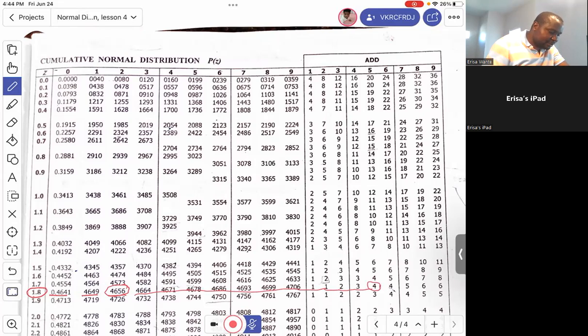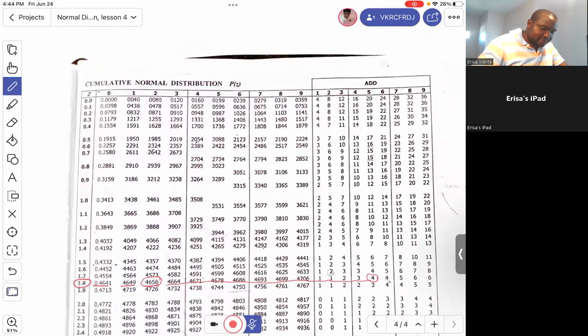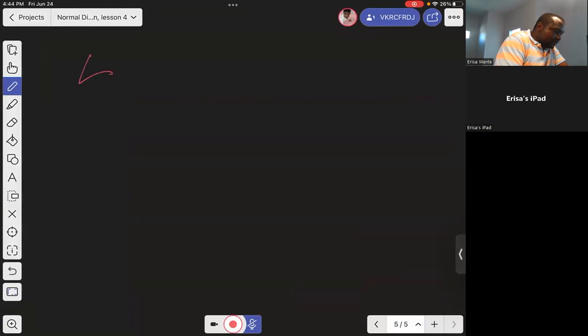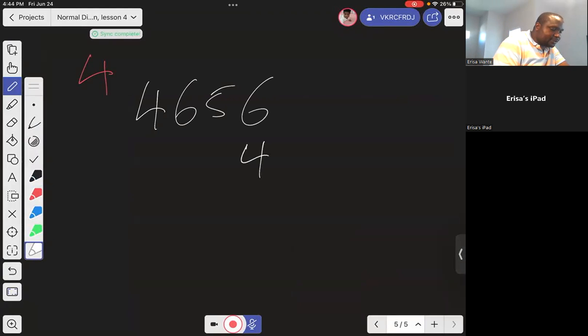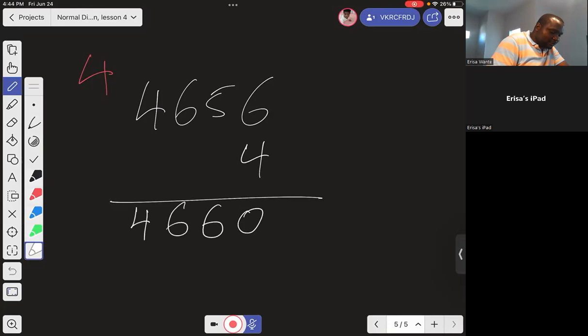We have 4656, then add on a 4, and this would be a 0, this would be a 6, this would be a 4.